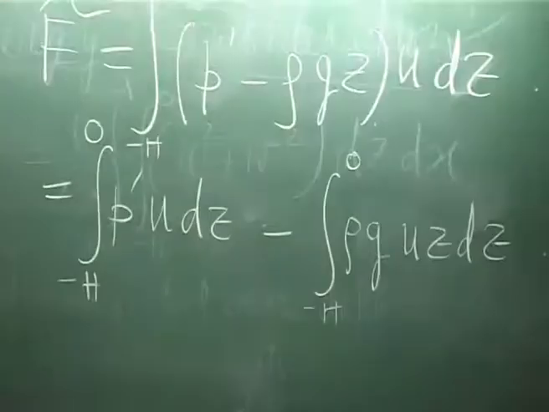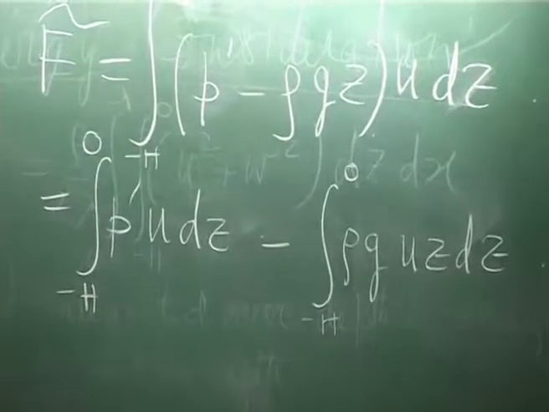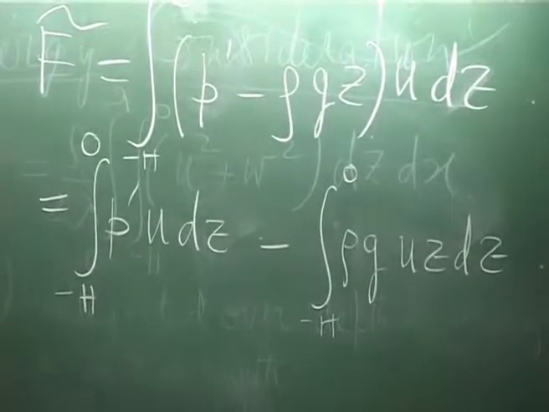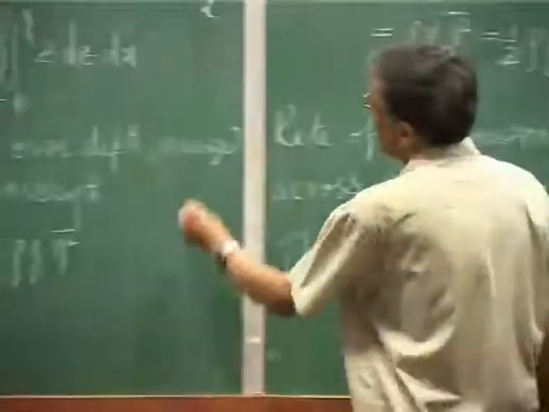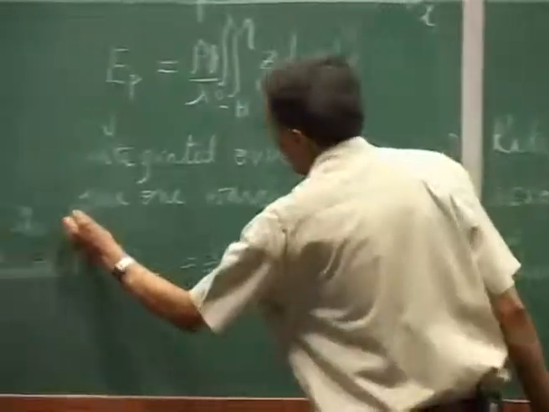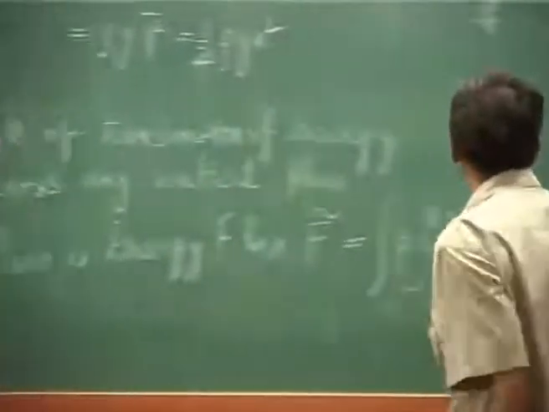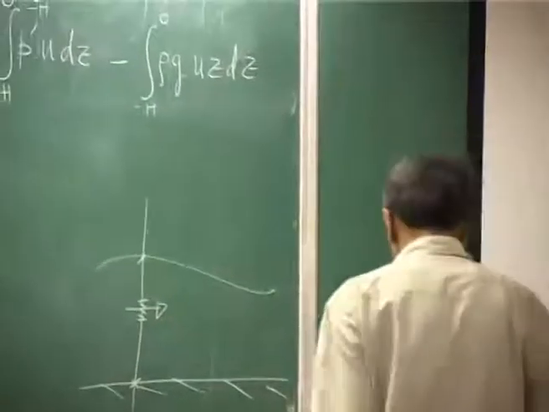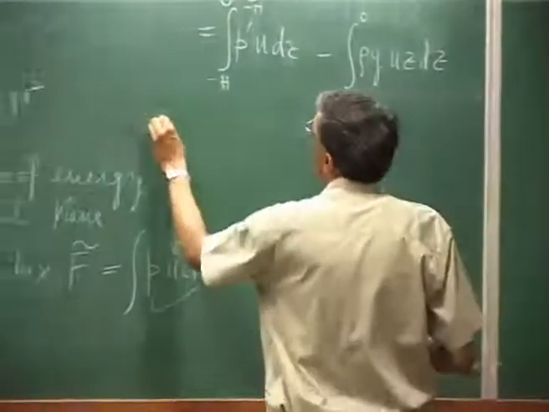Okay. Now, as we have done before, we have reported quantities which are averaged over one wavelength. So, we retain that spirit and define f.